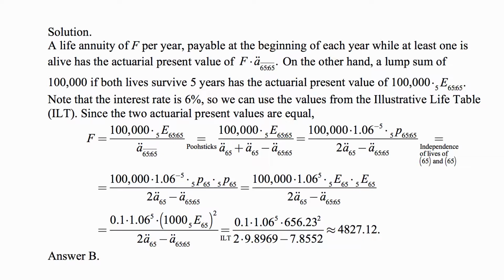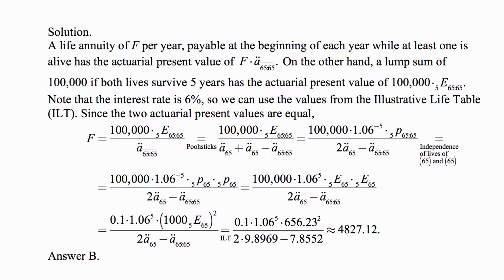On the other hand, a lump sum of 100,000 if both lives survive 5 years has the actuarial present value of 100,000 times the actuarial present value of a pure endowment, payable as long as the joint life status 65:65 is alive after 5 years, so if both of them are alive 5 years from now. The interest rate is 6%, so we can use the values from the illustrative life table.